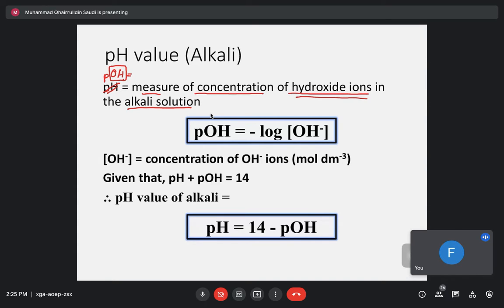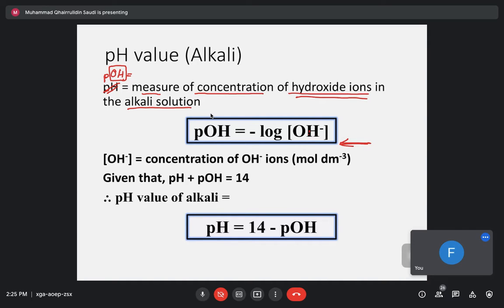Macam ni kita nak dapatkan pOH value, sama macam tadi juga. pOH value adalah negative log concentration of hydroxide ions. Okay, sampai sini faham? Faham kan? Senang je kan? pH adalah measure untuk concentration hydrogen ion. pOH adalah measure untuk concentration of hydroxide ion. Senang.